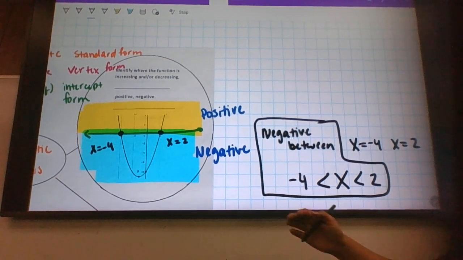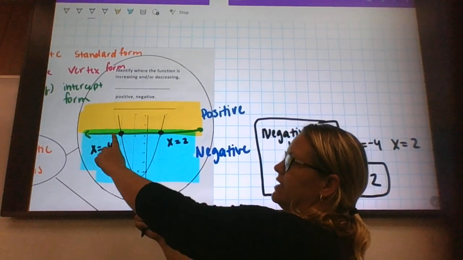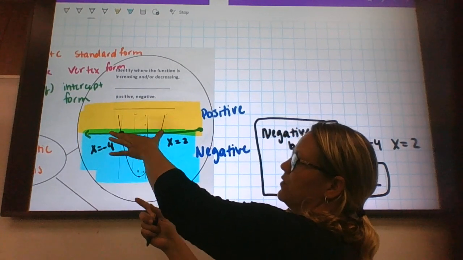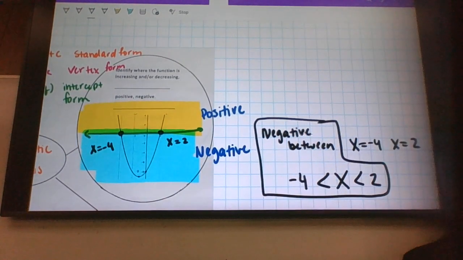So it's negative all down here, between negative 4 and 2. That's where the parabola exists in the negative area.